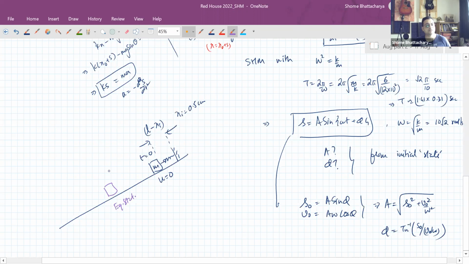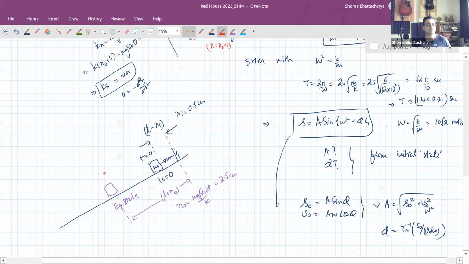This is L plus x naught, where x naught is mg sine theta by k. So that is equal to how much it was? 2.5 centimeters. So the spring had an extension of this much.